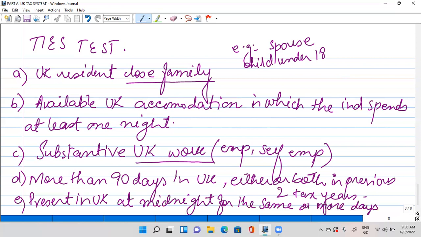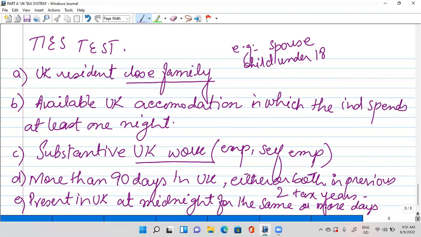Now, who is the last condition for? An individual who was a UK resident in the previous three tax years, like someone who is leaving the UK. He must determine whether any of the ties, like in A or D above, apply to him. So this is the additional tie for him, that he must be present in the UK at midnight for the same or more days in that tax year than in any other country.